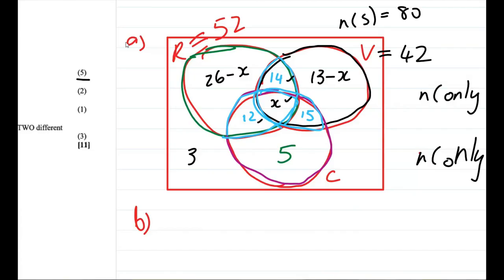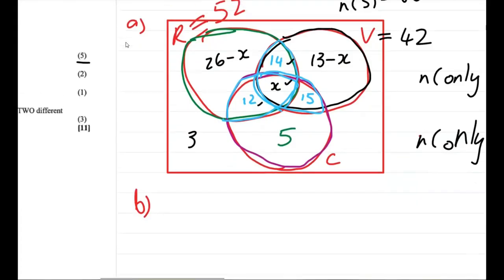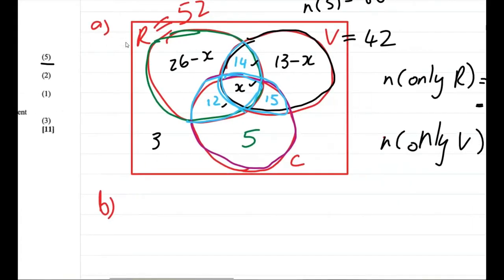Don't you think? Yes, sir. So how do you think this equation is going to look? Maybe subtract everything, 80 minus everything. Well, 80 should be equal to what?